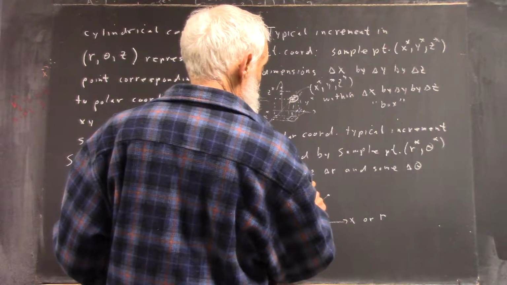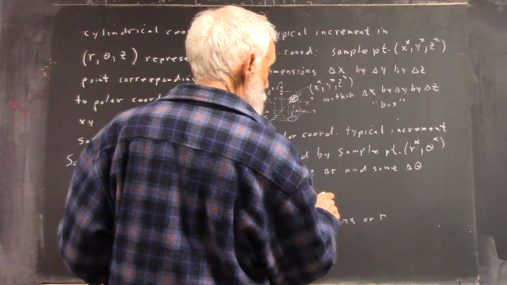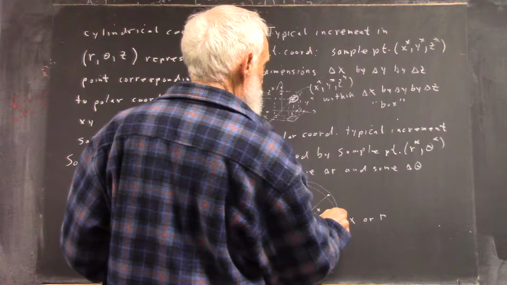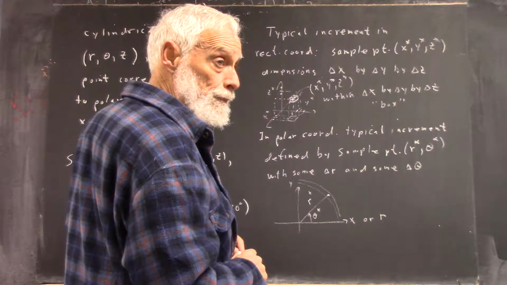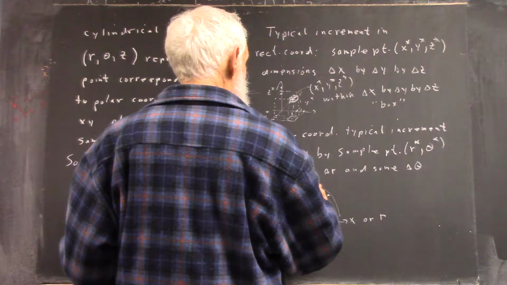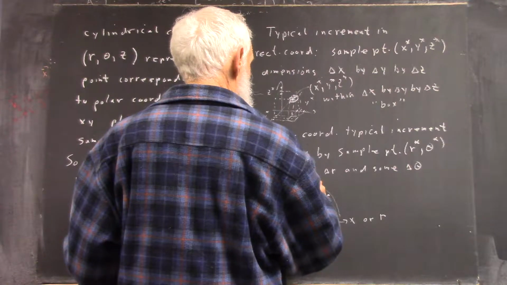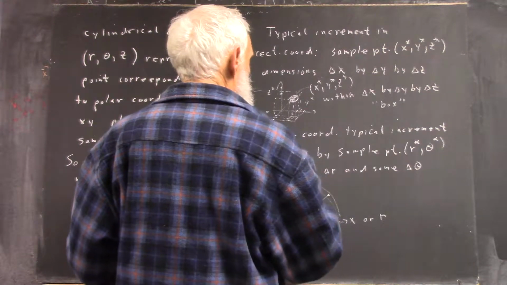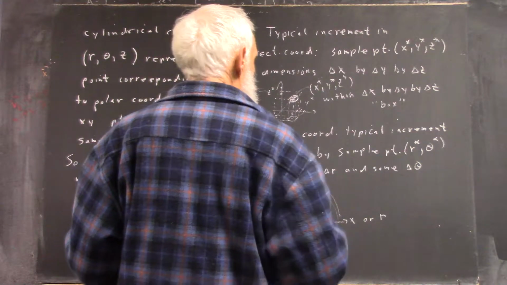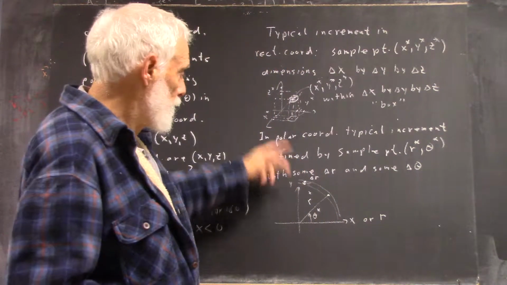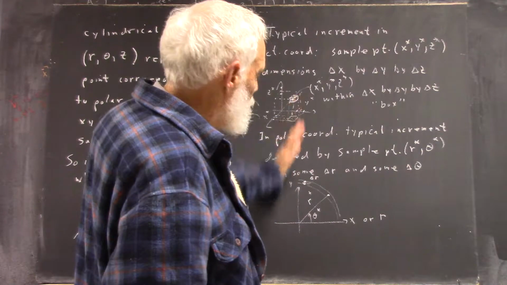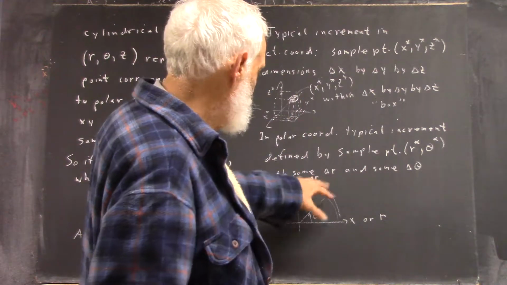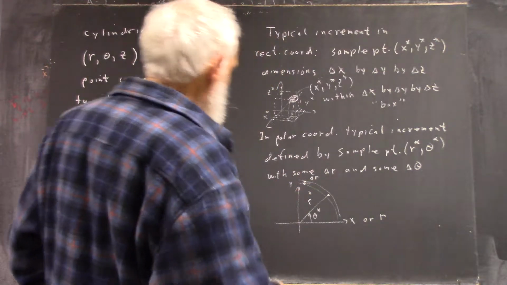So, you know, what happens? Well, you got some r increment, right? So delta r kind of gives you this. Now delta r would be in one direction, okay? Maybe it's this way, maybe it's this way, so I'm being a little loose with the notation.